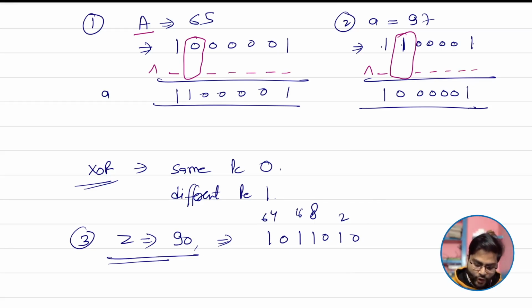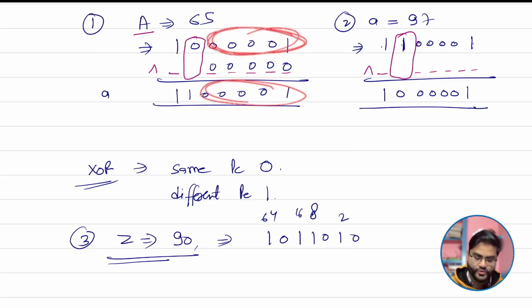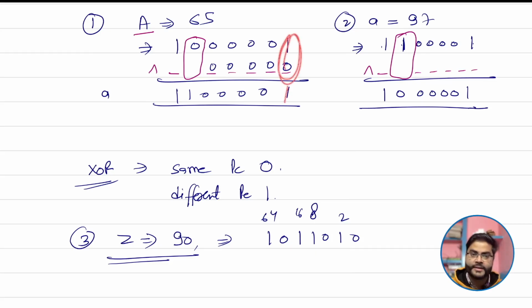Now we want to keep these bits as they are, so I can just take 0, 0, 0, 0, 0 here, and whatever value is there will be the same in the result. So 1 XOR 0 will be 1, and the same for the other bits.